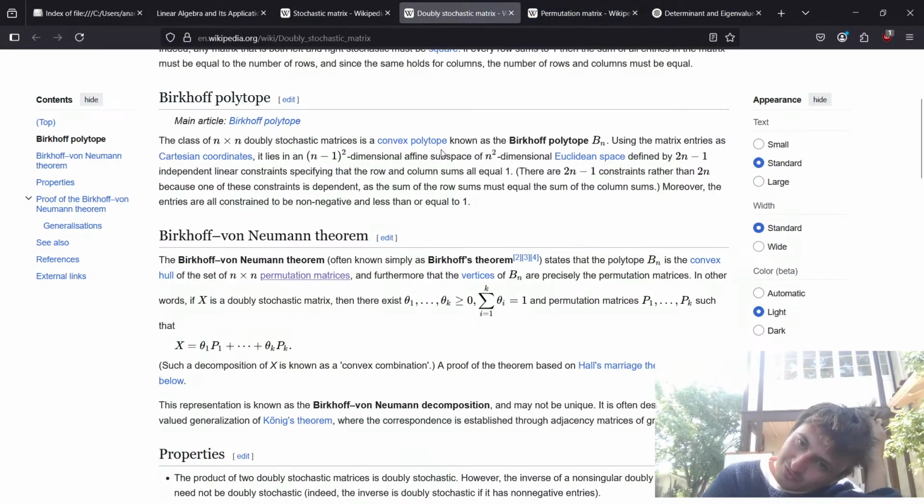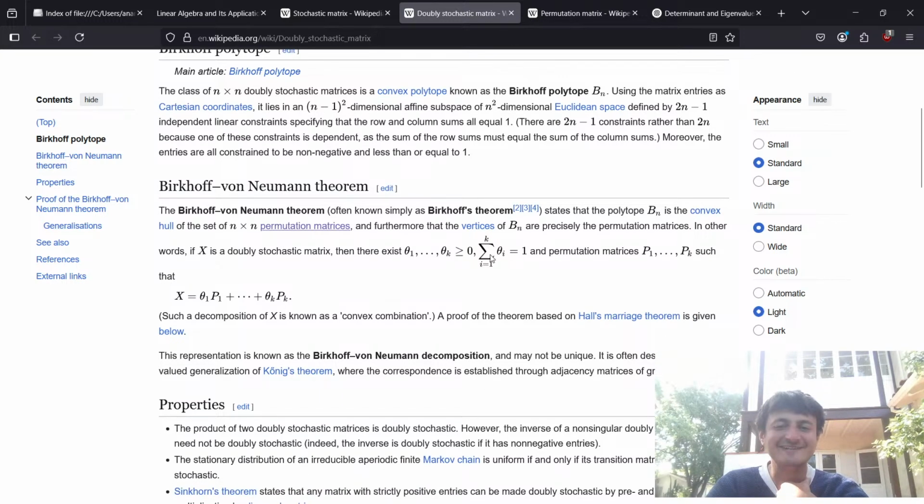Oh, that's so cool. The convex hull of the permutation matrices. Yeah, man. That's pretty cool.